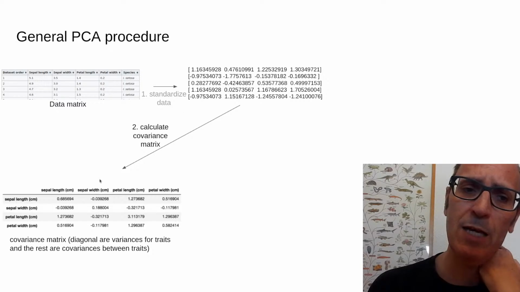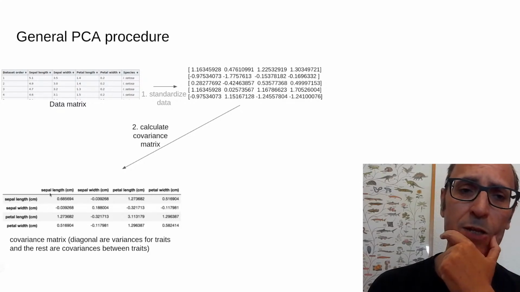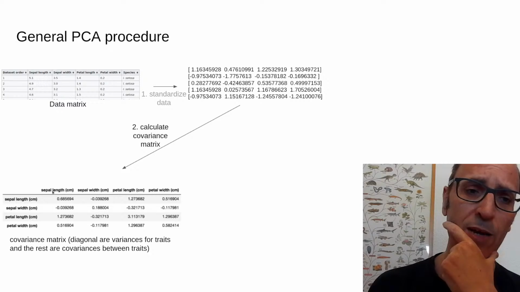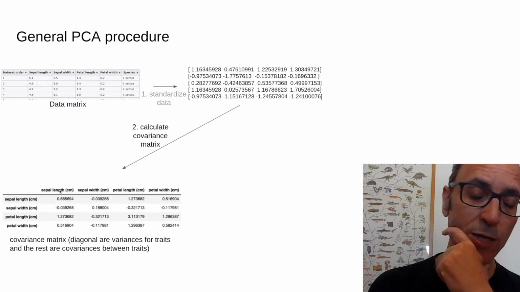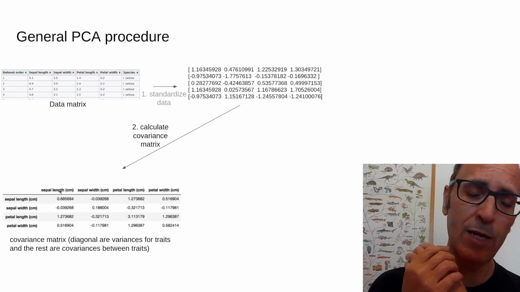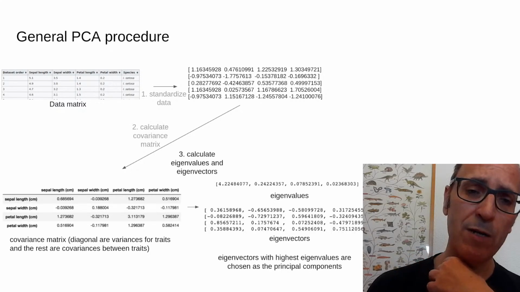You get a covariance matrix in which the diagonal holds the variances and the rest are the covariances between the variables that you are using. In this example they are morphological variables, but usually in a genetic analysis they will be just the genotypes from the markers.